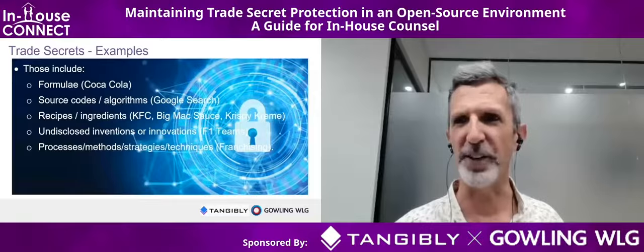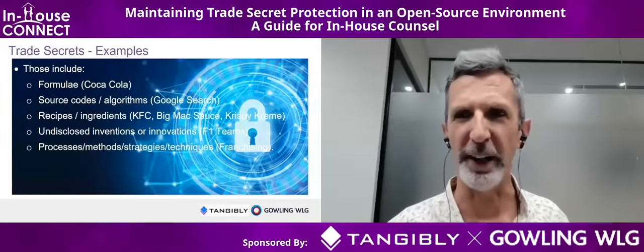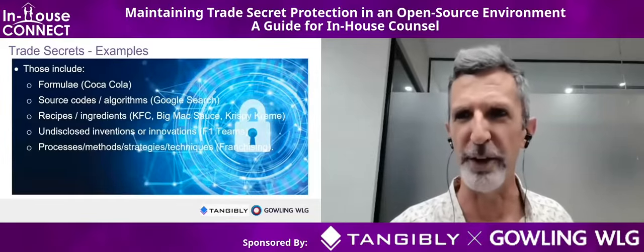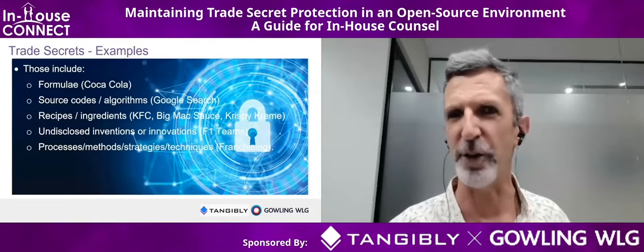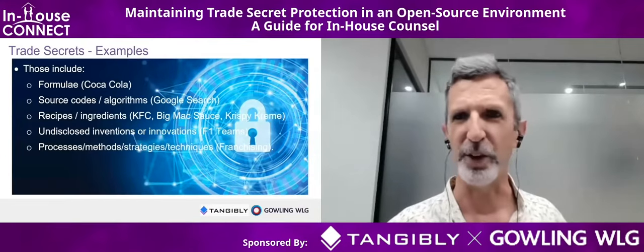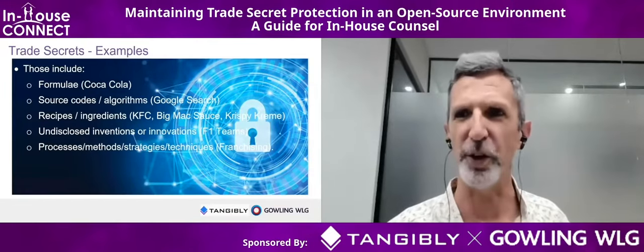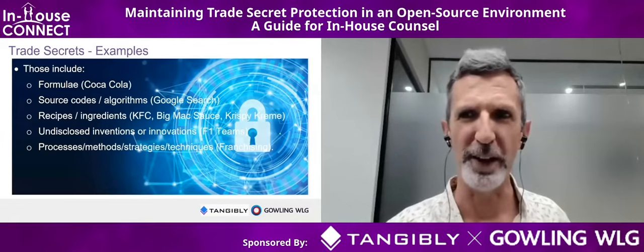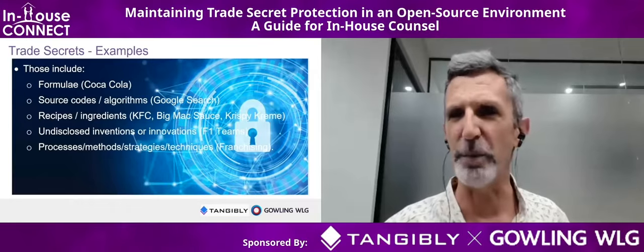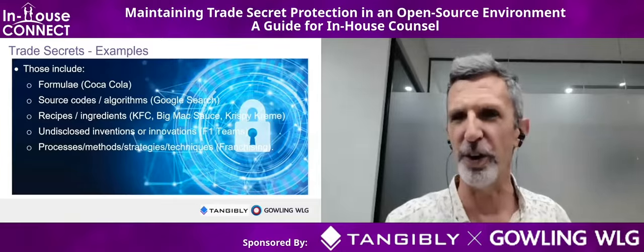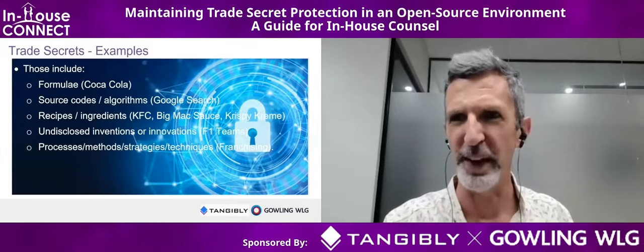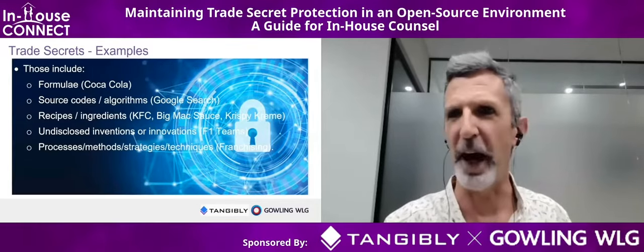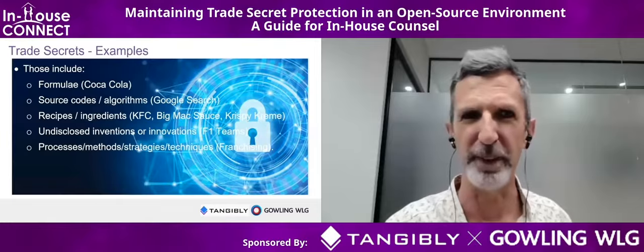And in terms of examples, there are a lot of real world, real life examples that we encounter every day. Coca-Cola's recipe, Coca-Cola's formula, is probably the most famous. It's incredibly valuable, and Coca-Cola spends tons of resources keeping it a secret, but other people would love to get a hold of it.